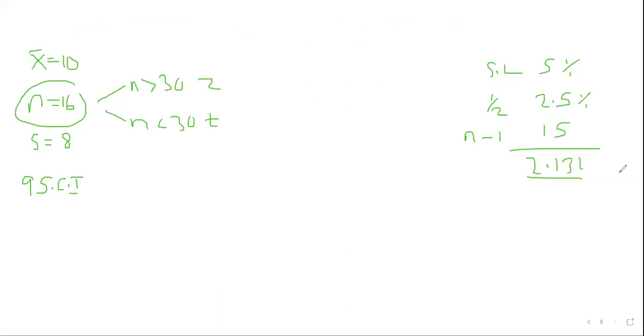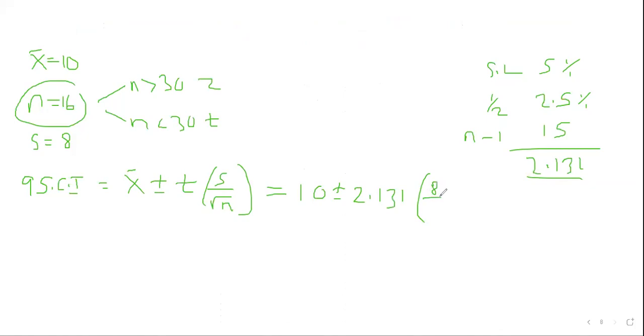In this case, our confidence interval, it's the same formula, mean plus or minus T times standard deviation over square root of n. So since our mean has been given, it's 10, plus or minus the T, which is 2.131. Then our standard deviation is what? 8 over square root of n. Our n is 16. Square root that one.